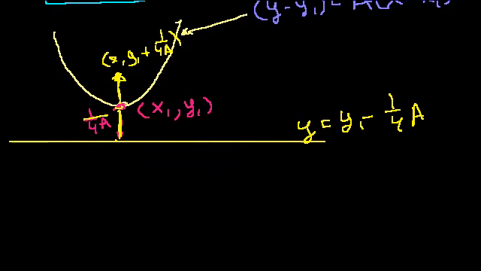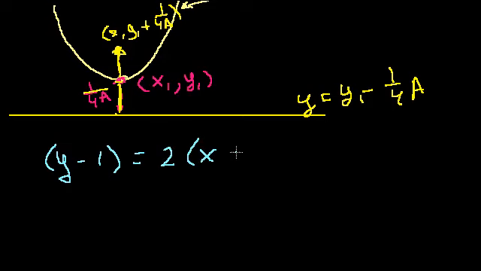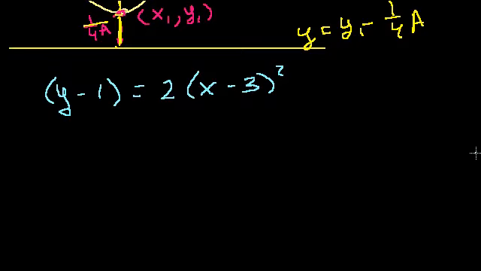So in general, if I gave you, just think about this a second, an arbitrary equation now, let's say y minus 1 is equal to 2 times x minus 3 squared. We can graph this and draw the focus, or actually foci if there was more than one focus.